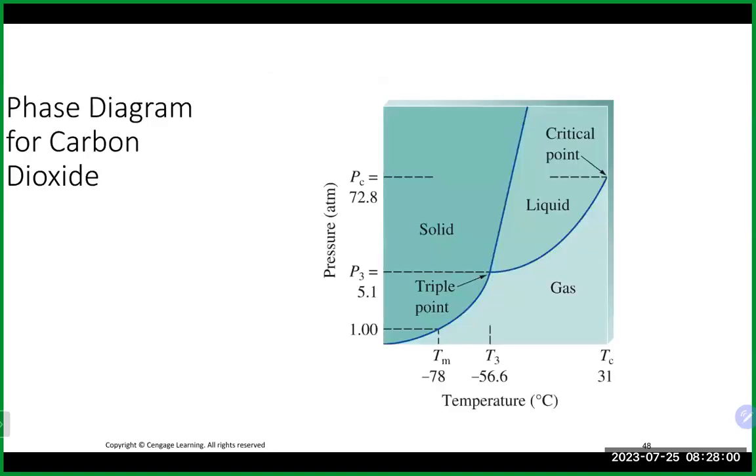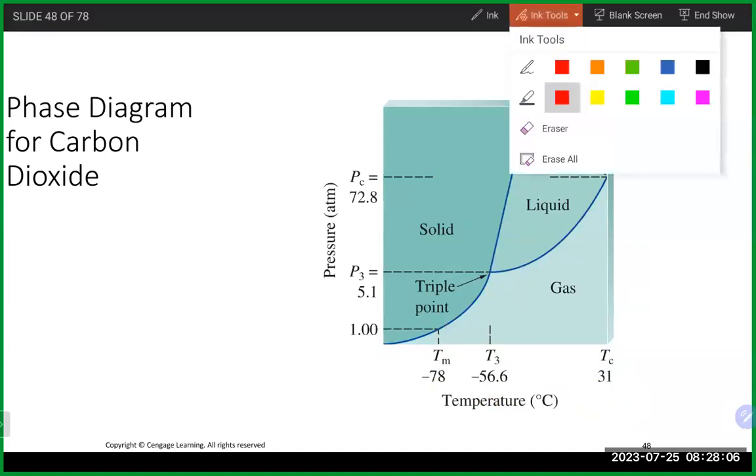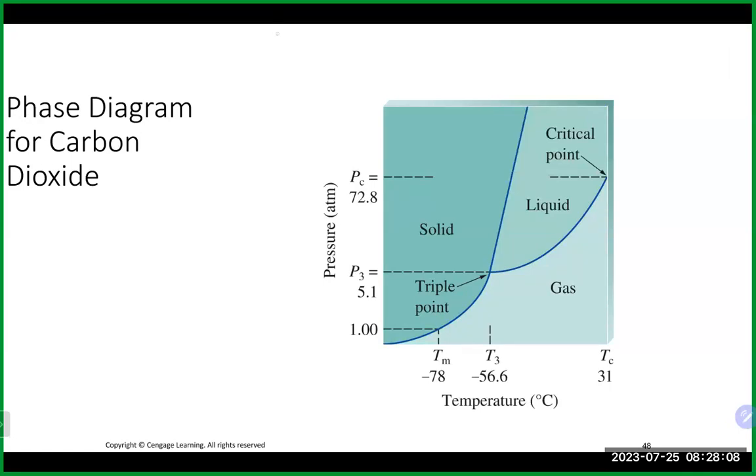So if we look at one, for example, of carbon dioxide, which is dry ice. As we hopefully know about its properties, dry ice pretty much goes from solid directly to gas under normal conditions, skipping the whole liquid phase. We can see why that happens in this particular case.